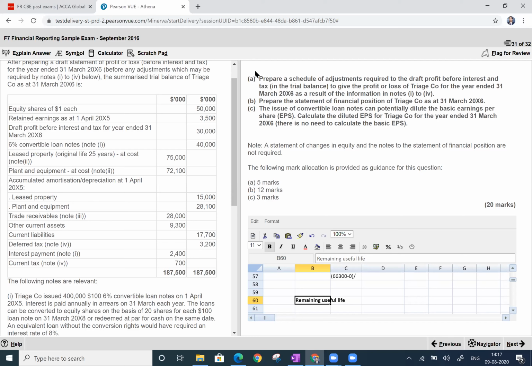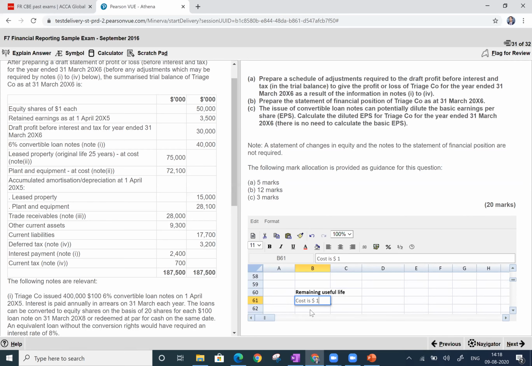Okay, done. So let's discuss this. Remaining useful life. Now, what you have to remember: the leased property cost is 75,000, and useful life is 25 years. I'm calculating remaining useful life. This is for your purpose; you need not show the examiner.